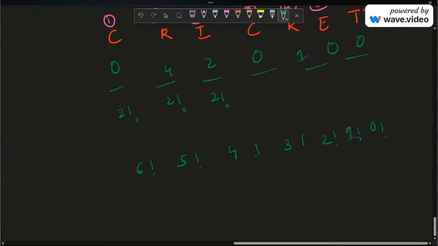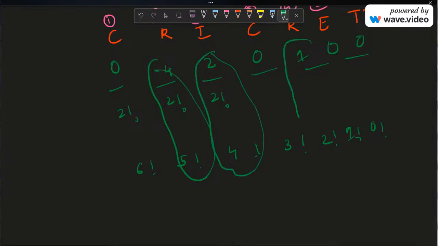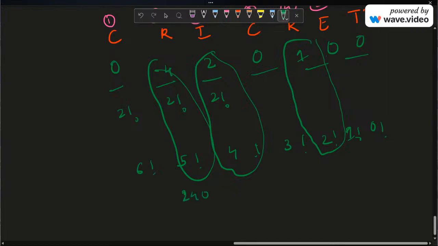So 4 by 2 factorial is 2 into 120 is 240, and this is 4 factorial. 4 threes are 12, to 224, and 1 into 2 factorial is 2. 266 numbers are behind, so the word will be 267.